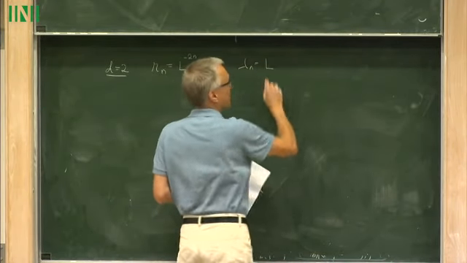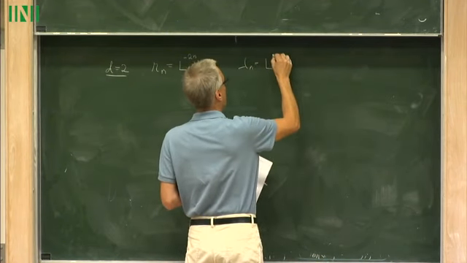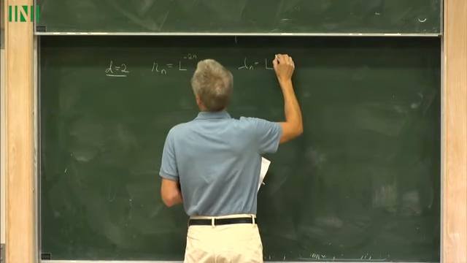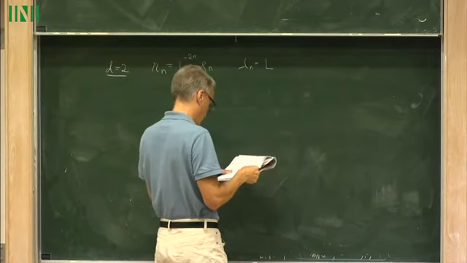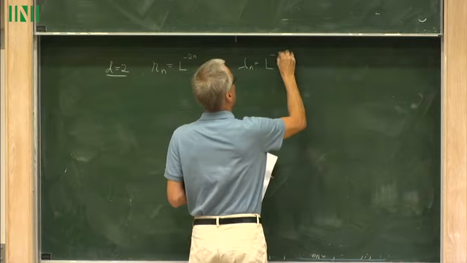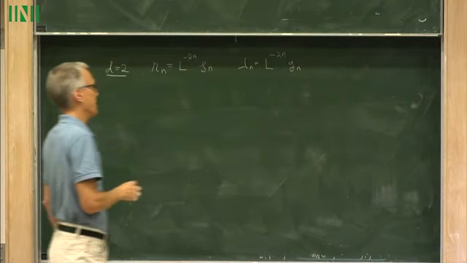In 2 dimensions d minus 4 minus d is 2, so this will be L to the minus 2n g_n. So this defines rho_n and g_n.